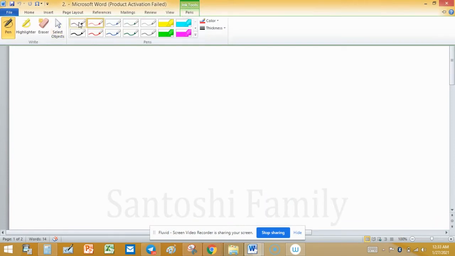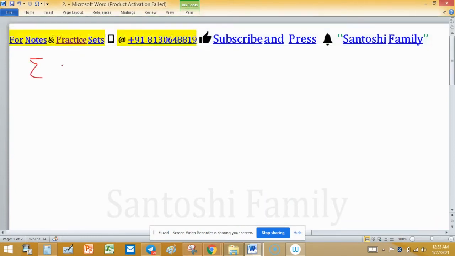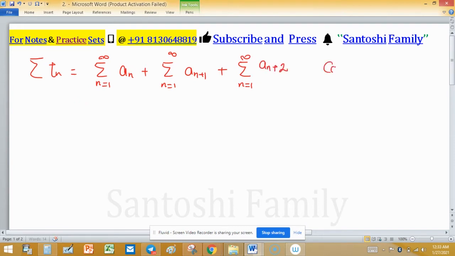So the summation Tn can be written as summation n equal to 1 to infinity an plus summation n equal to 1 to infinity an plus 1 plus summation n equal to 1 to infinity an plus 2, which can be written as the first term is the same, plus summation n equal to 1 to infinity an.